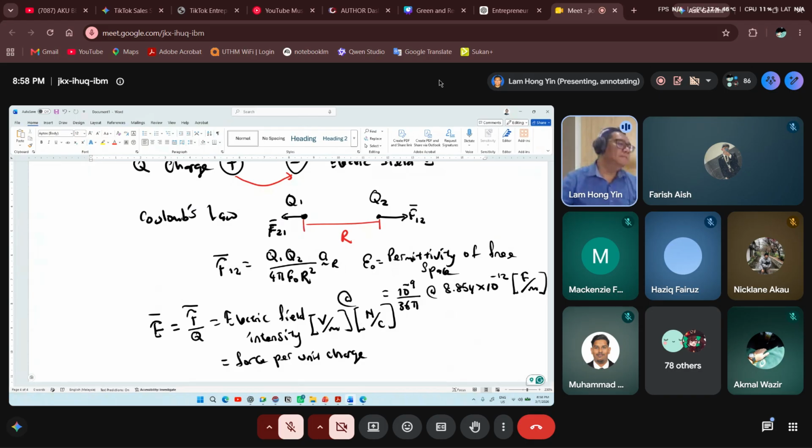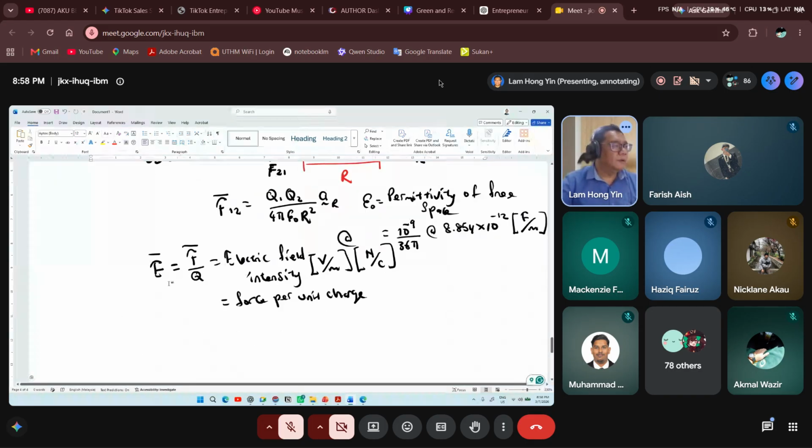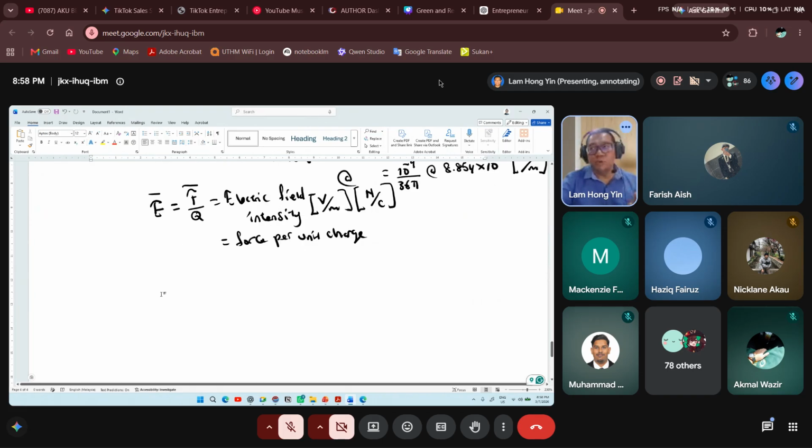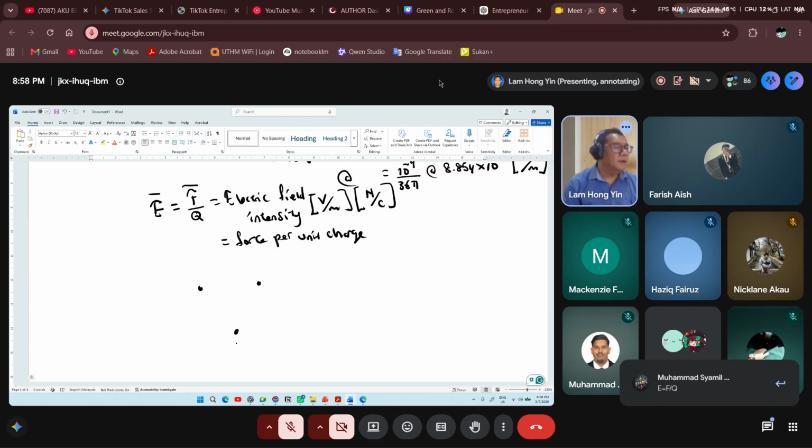Okay. Then from E field intensity, we move from 2-point charges to 3-point charges. For example, this is my test charge, Q3, this is my Q1, this is my Q2.